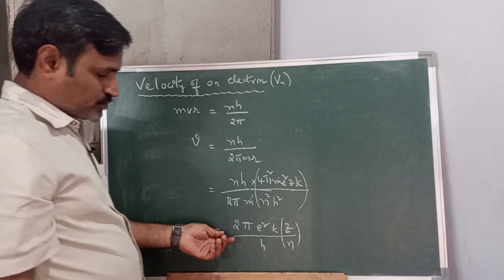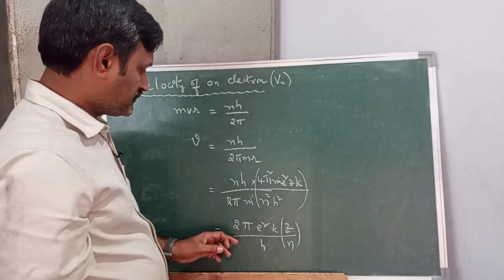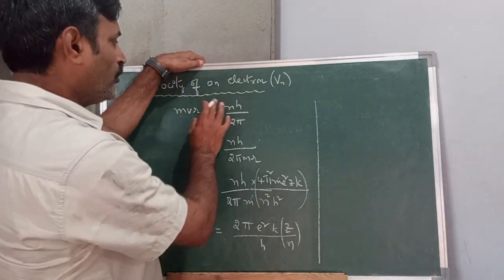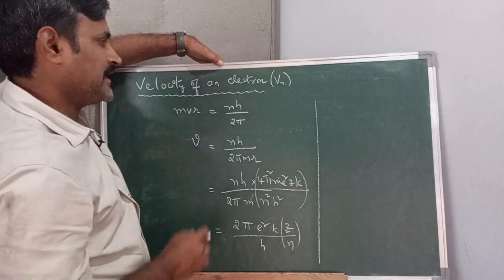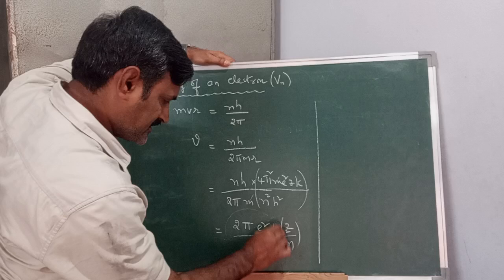Now if you substitute these values, pi value, e value, k value, h value, you will get the velocity of this Bohr's electron. So these are all the constants.